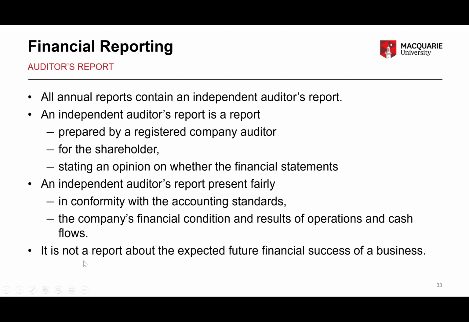And recognise this final point here: it's not a report about the expected future financial success of a business. It's just saying, do we think it's a going concern? Is it going to continue in the future, not how well it's going to continue in the future.